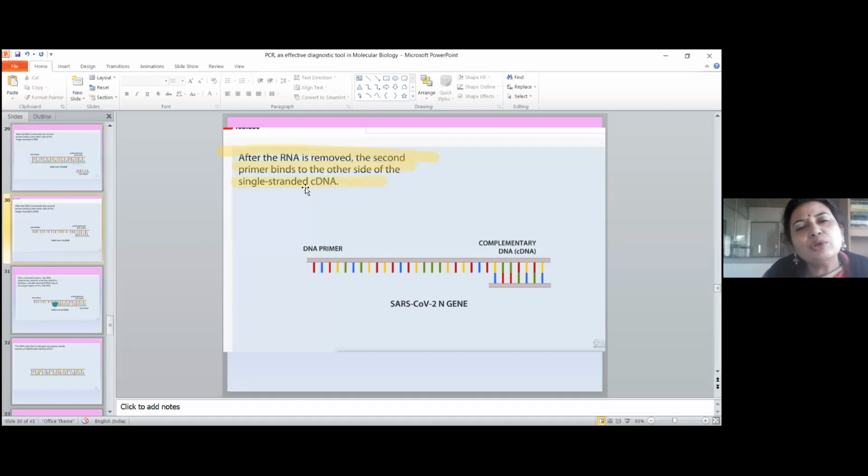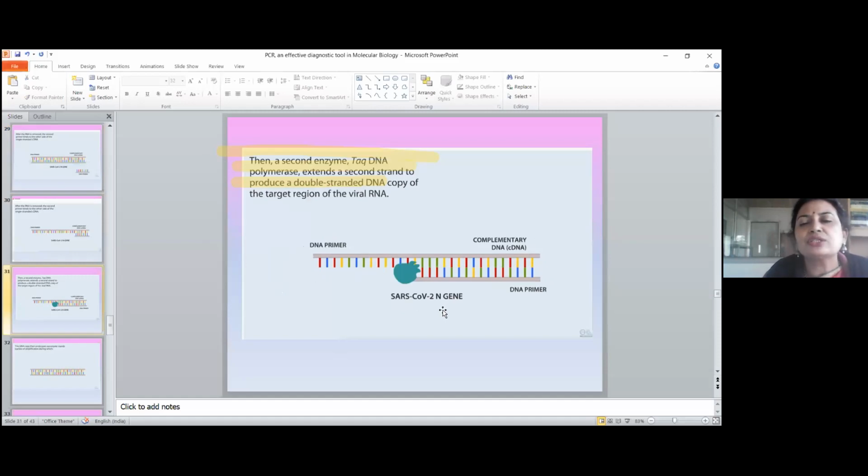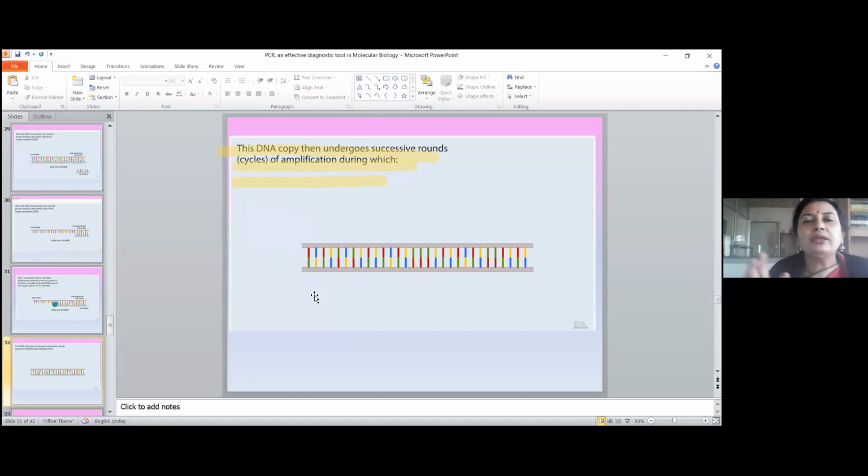After the RNA is removed, a second primer binds to the other side of the single-stranded DNA, and the single-stranded complementary DNA is converted into double-stranded DNA by the action of Taq DNA polymerase. So you have a complementary DNA here, then a DNA primer attaches to it, and we have shown in blue color, symbolically, the Taq polymerase enzyme. It will convert the single-stranded complementary DNA into a double-stranded DNA.